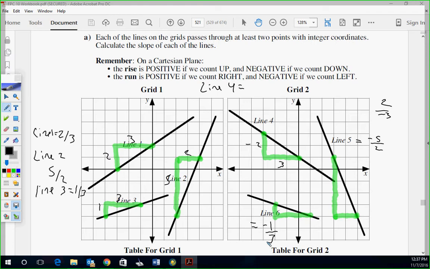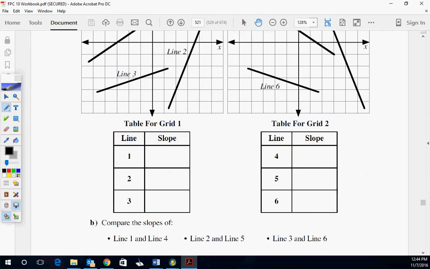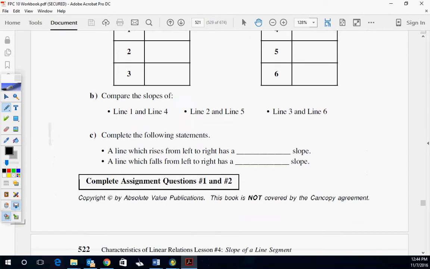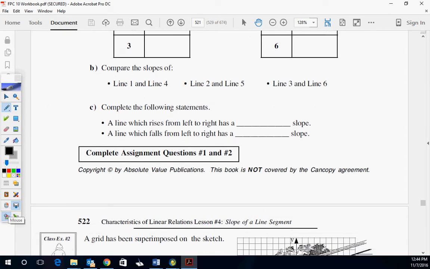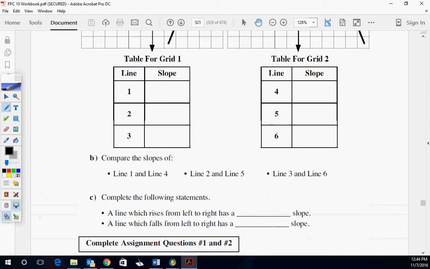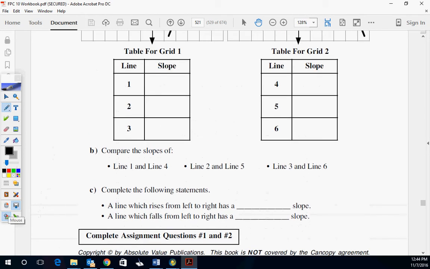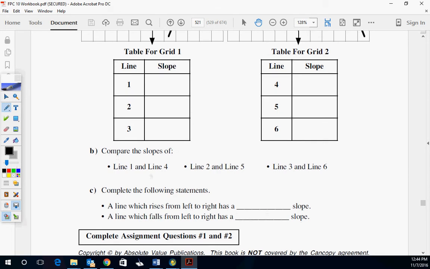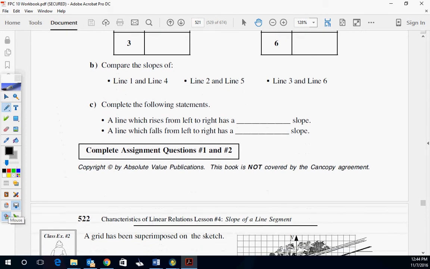We doing okay? All right. So you already filled all those out. Compare the slopes of 1 and 4, 2 and 5, 3 and 6. They're all what? Opposites, right? Weren't they negative of each other? Yeah. Okay. So opposites, just write opposites here. Complete the following statement.